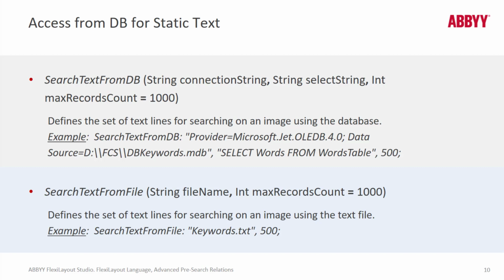But if you need to make a change, you have to go back to your FlexiLayout and you need to add that new pipe symbol, that new variant, save your FlexiLayout, export your FlexiLayout logic to an AFL file, bring that into a document definition, update the document definition in other words, then save and publish that document definition. So all those steps are eliminated if you keep your keywords in a database.